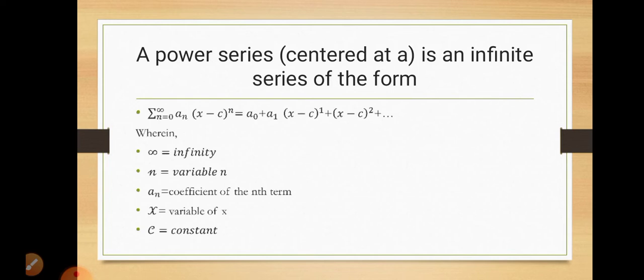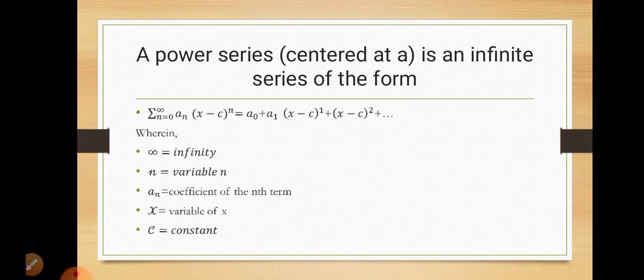So we have the form of the summation of n equal to 0 to infinity of c sub n times (x minus c) to the power of n, which is equal to c sub 0 plus c sub 1 times (x minus c) to the power of 1 plus c sub 2 times (x minus c) to the power of 2, and so on.